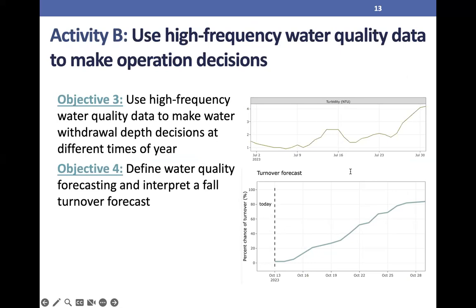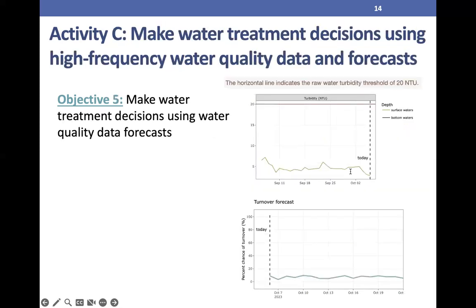Then you will be introduced to key concepts related to water quality forecasting and learn how to interpret a forecast for fall turnover in a reservoir. Finally, in Activity C, you will complete a scenario which asks you to make water treatment decisions using water quality forecasts.